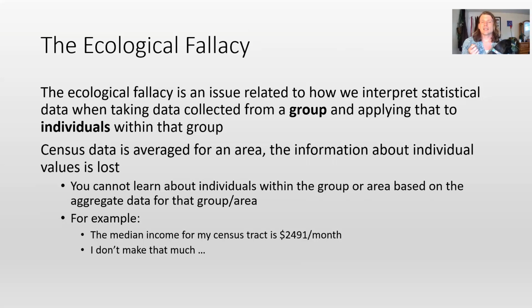So you can't learn anything about individuals within groups or areas based on the aggregated data from a group or an area. For example, the median income in 2016 for my census tract was $2,491 a month, but I don't make $2,491 a month.